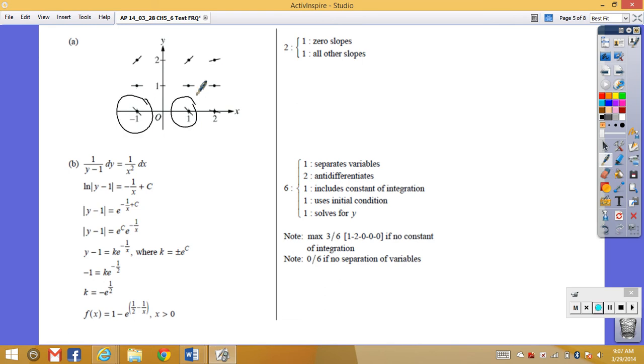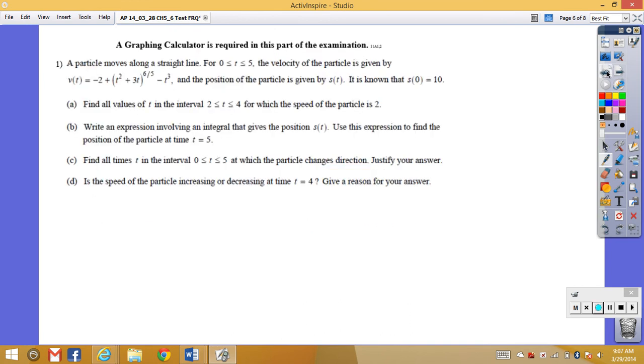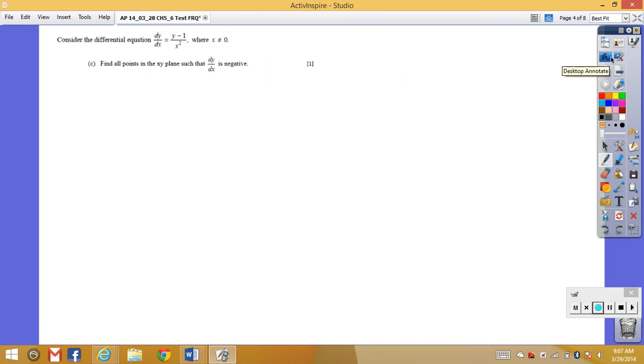If you sat there and listed your negatives, then it means you didn't understand the question, nor did you go through and properly do the free response practice problems. Find all points in the xy plane. There are an infinite amount of points, not 12. So you have to give all of them, and we practice this in the notes, in homework, and on free response questions.